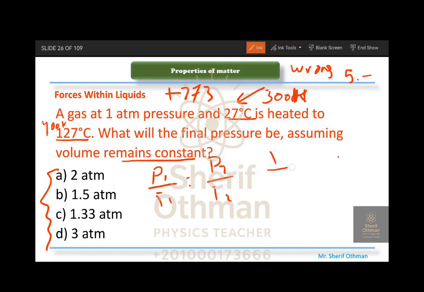P1 is 1 over 300 equals unknown over 400. So the answer will be 400 divided by 300, which is 1.33 atmospheric pressure.